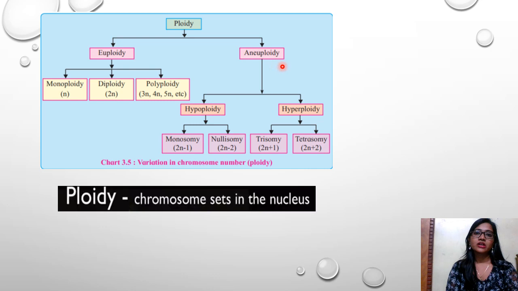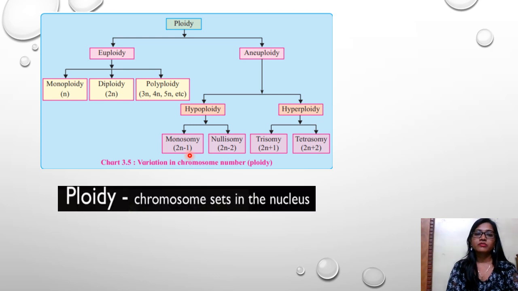Now this condition is divided into two: hypoploidy and hyperploidy. Hypoploidy, you can understand as 2n minus 1 and 2n minus 2. Hypoploidy is the state in which the cells contain one or more fewer chromosomes.